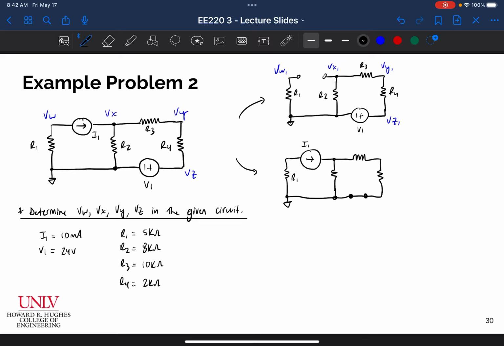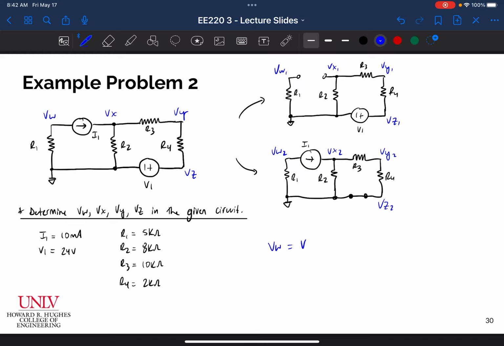I've got R1, R2, R3, and R4. And in this case, I've got VZ2, VY2, VX2, and VW2. And then, of course, we know that VW final, basically, this VW is just going to be the sum of VW1 and VW2, and the same for VX with VX1 and VX2, and so on.